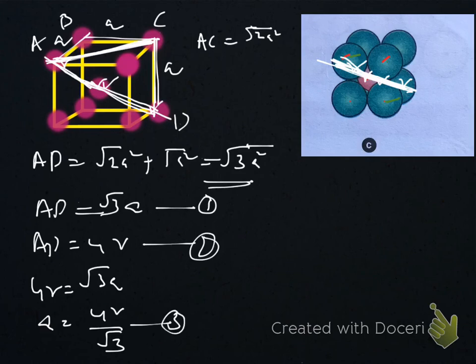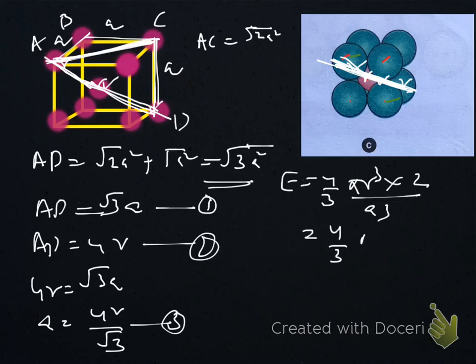As usual we are calculating efficiency equal to 4 by 3 pi r cube into the number of particles. Now we have body centered, so the number of particles is 2 by a cube.